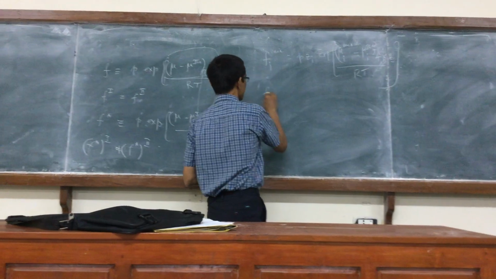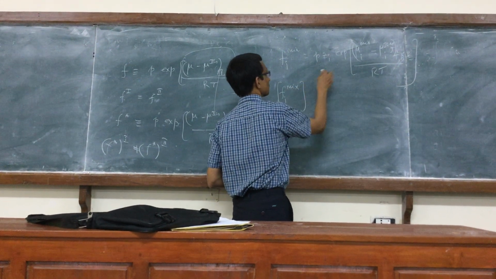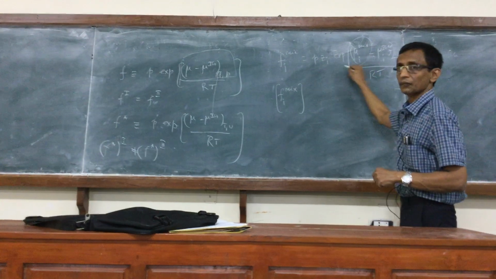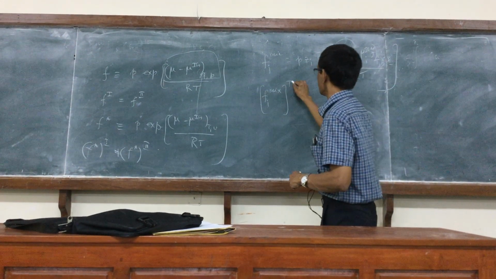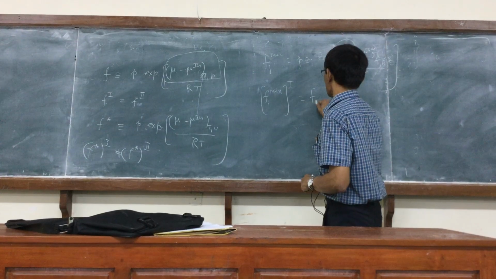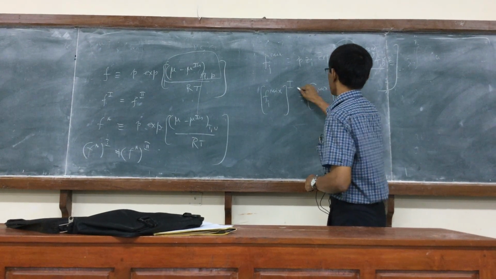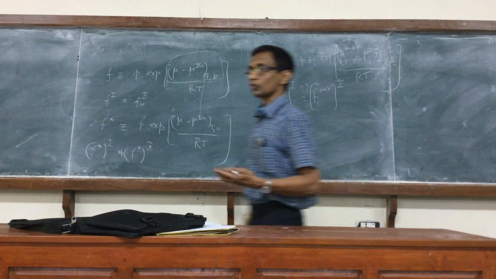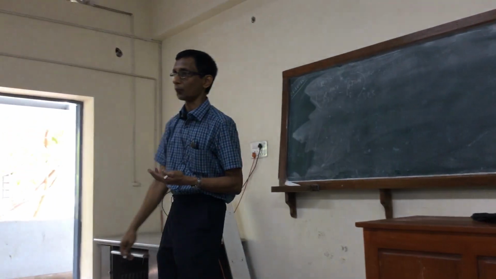Now, if I have equality of the chemical potential, because this alone is equal, we are not worried about the other quantities. Suppose we have two phases, liquid and vapor in equilibrium, both of them have C components.